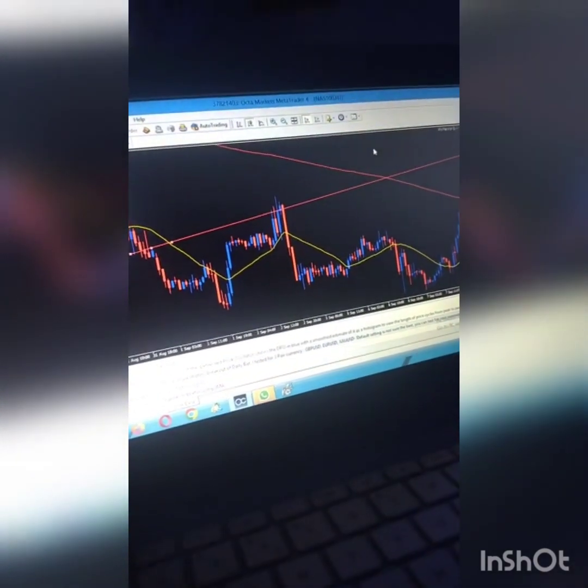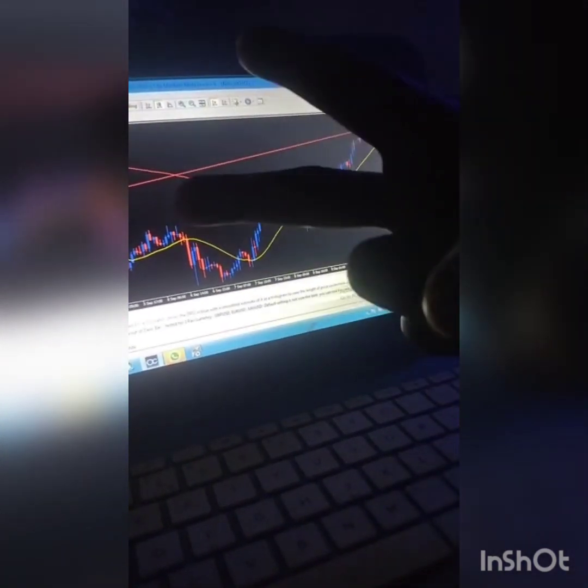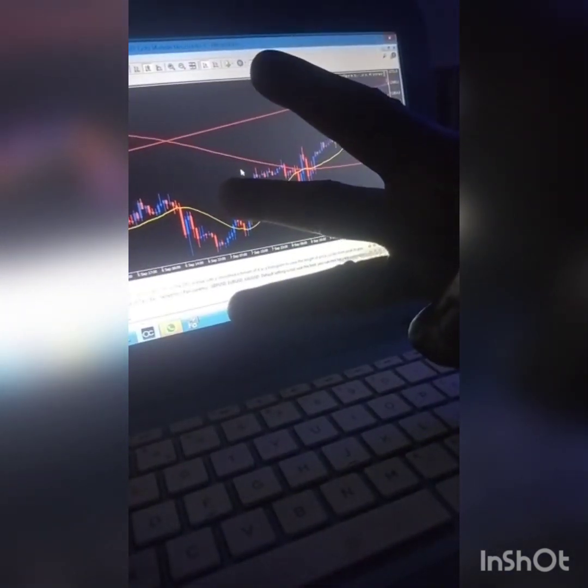If these three things are far away from each other, please do not enter. As I said before, this is price, which is candlestick, moving average 20, moving average 200. When they are close to each other like this, you enter to buy. When they are far away from each other, you exit the market. So enter the market, exit the market.